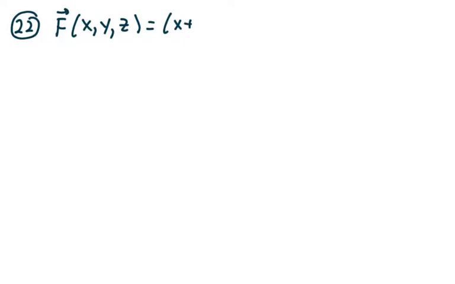Let's take a look at problem 22. Suppose F of x, y, z is equal to the quantity x plus y squared times i, plus xz j plus the quantity y plus z k. All right.